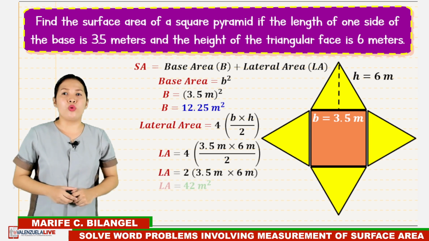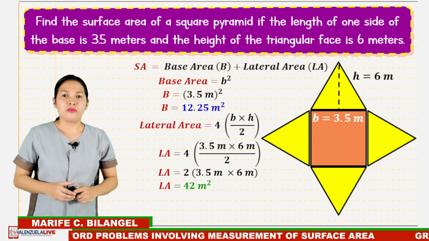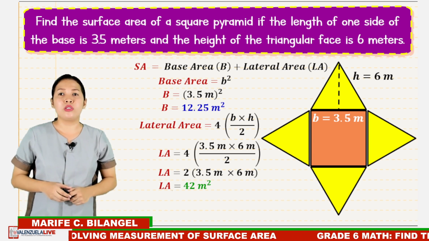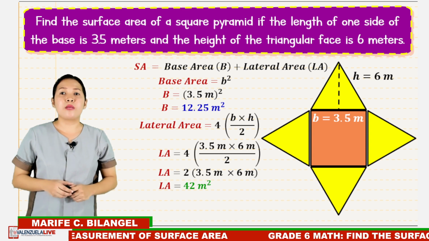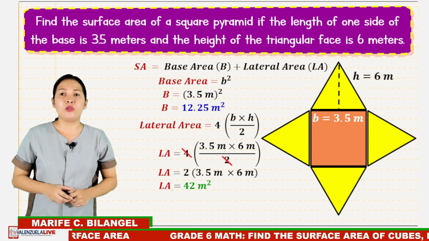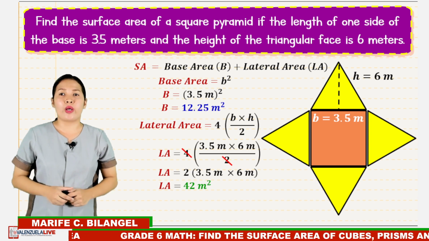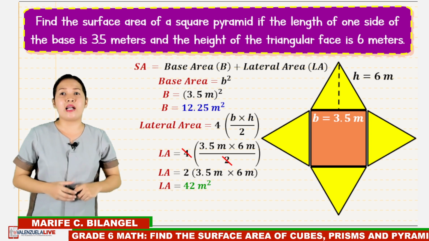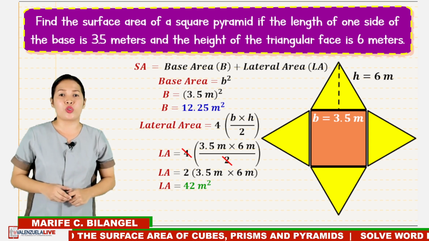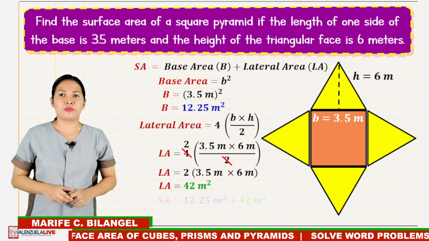4 and 2 have a common factor of 2. So we have 2 quantity 3.5 meters times 6 meters. So that is equal to 42 square meters. So the lateral area of the square pyramid is equal to 42 square meters.